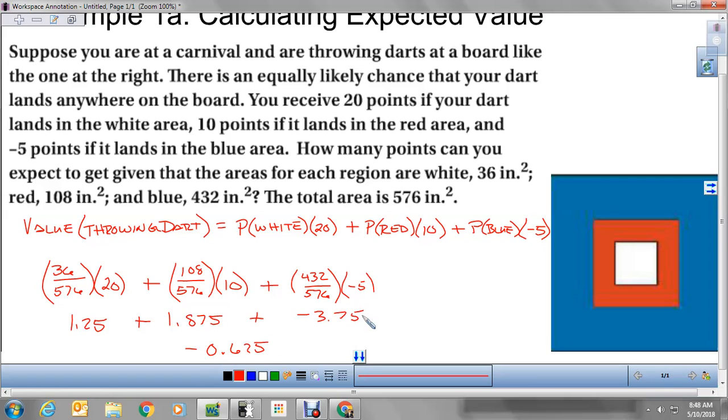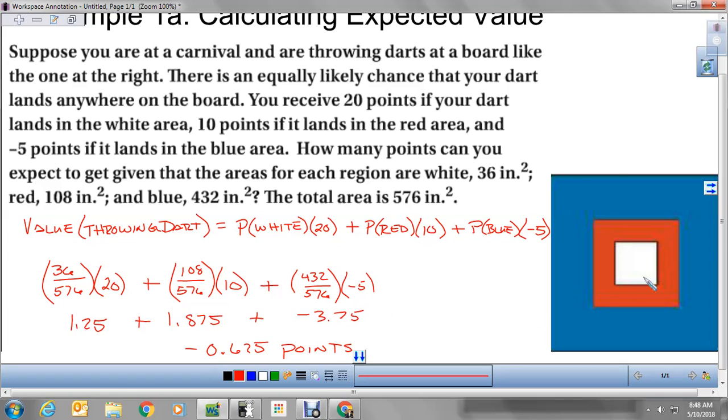So our expected value is going to be a negative point value. Basically, if we play the game of darts, we're going to expect on average to lose 0.625 points. That's the points we would be awarded at the very end.